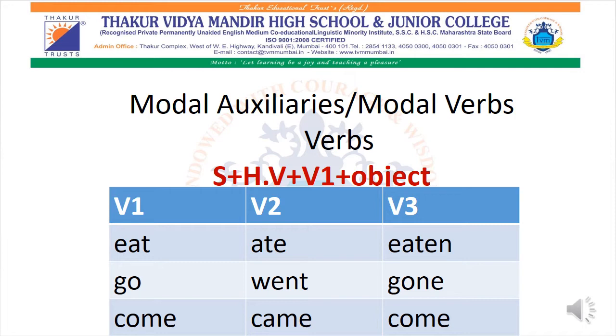So if we want to write a modal auxiliary sentence, then the structure will be subject plus helping verb. The helping verb is the modal auxiliary word that we are going to study, plus V1, the base form of the verb, plus object. So in modal auxiliary verbs you are going to use the V1 form, the base form, that is eat, go, come.